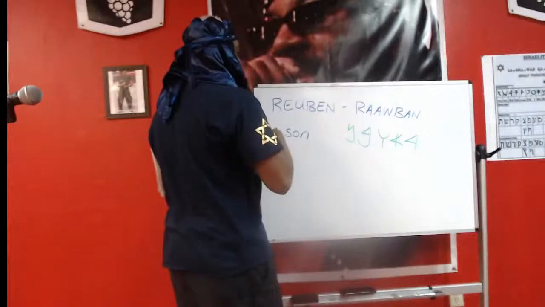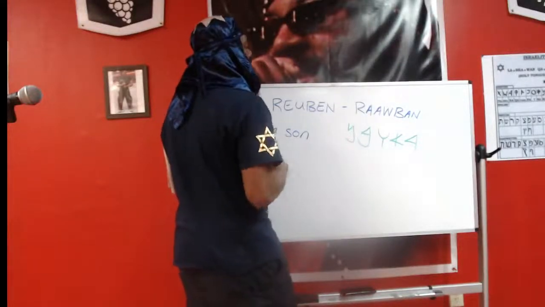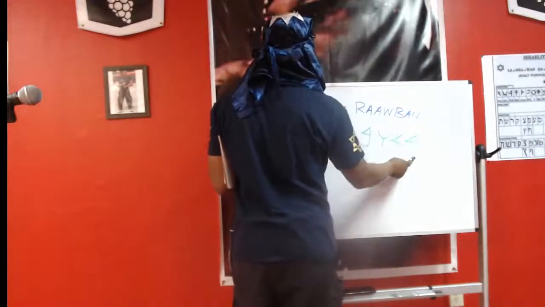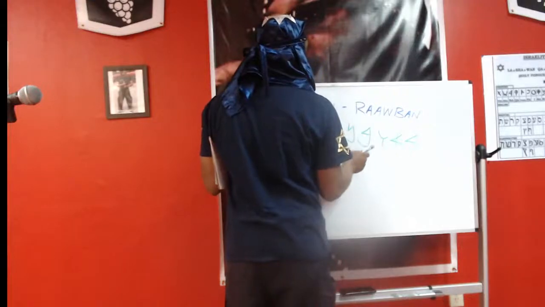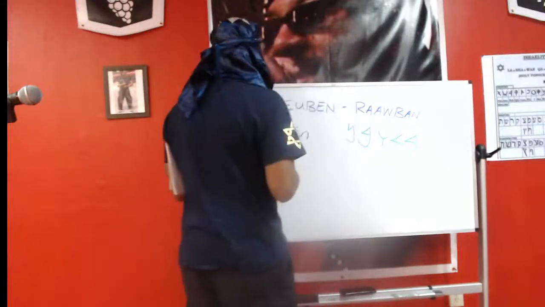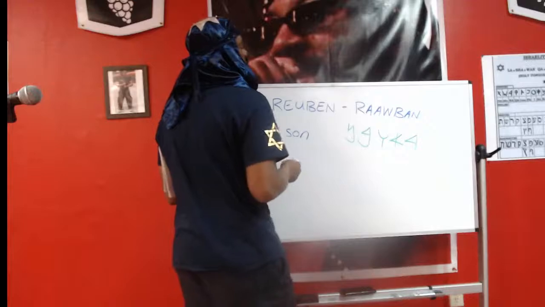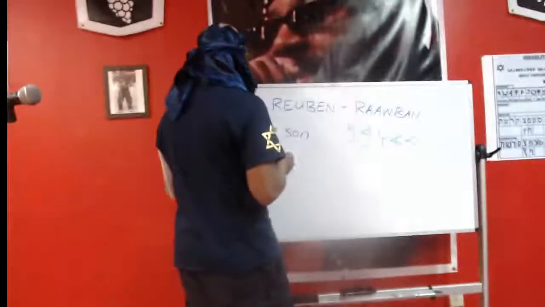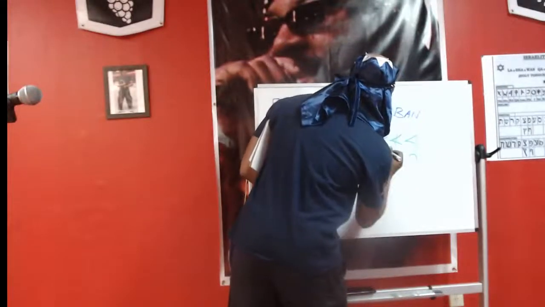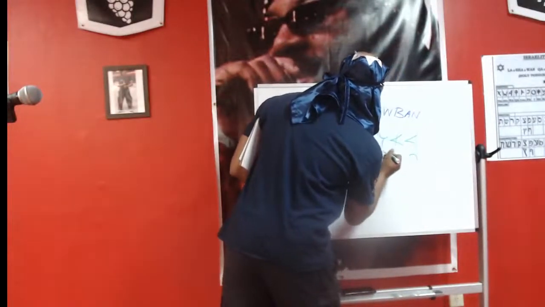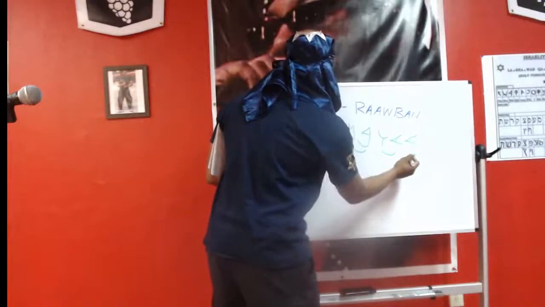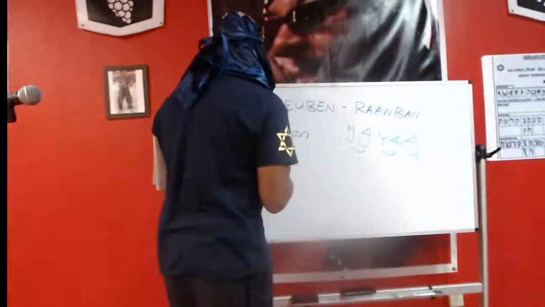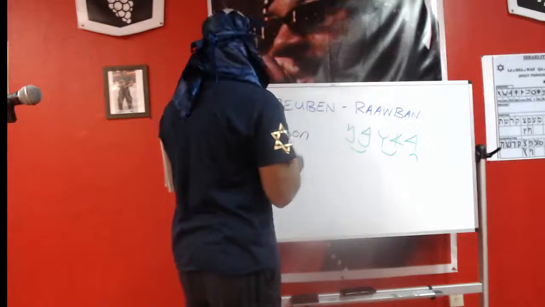So in ancient Hebrew, we have the letters Ra, Wa, Wa, and Na. And we will not be pronouncing this Ra'alban. Instead, we will pronounce it Rawban. Messiah Christ.